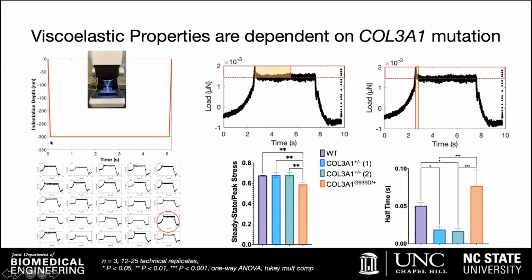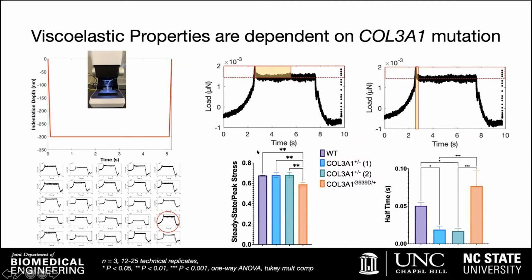And so to do this, we performed a stress relaxation experiment where we indented into the sample and held that indentation for a prolonged amount of time, and then quickly released to get this characteristic stress relaxation curve, which we then used to look at the impact on the steady state versus peak stress. So the amount that the CDM was able to deform over time, and then also how long it took to get to that time point.